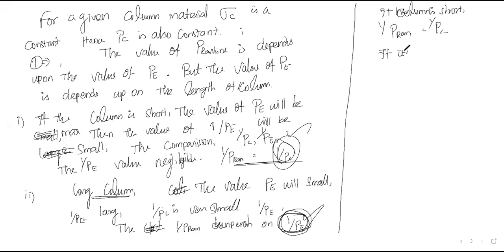If it is a long column, then 1 by P Rankine becomes 1 by PE. So this is the condition. Now we can arrive at the Rankine formula. So that is the derivation for the Rankine formula.